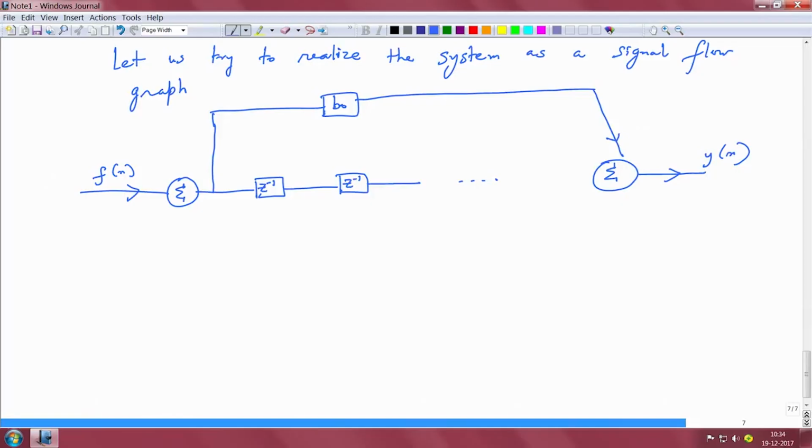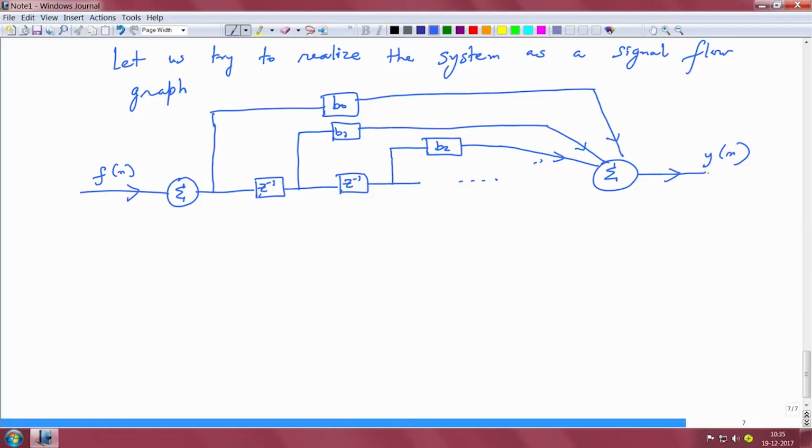Then f of n going through this delay is f of n minus 1, which is scaled by b1 and then gets to the output, and so on and so forth. You can think of having all these gains b0, b1, b2, and so on taken off at various tap delays, and they get summed.